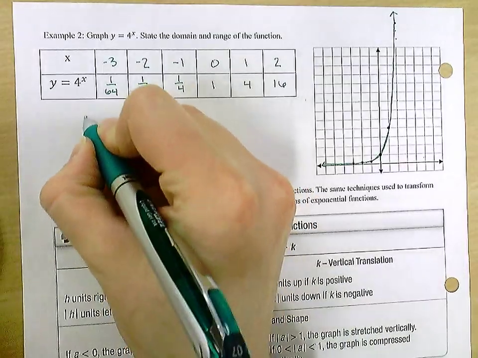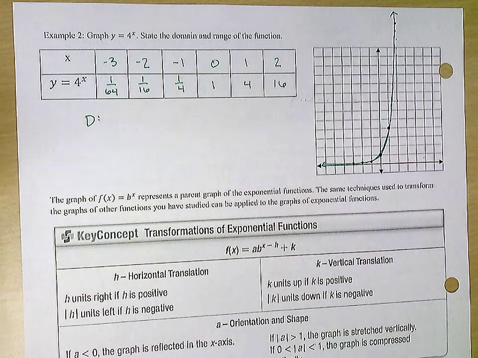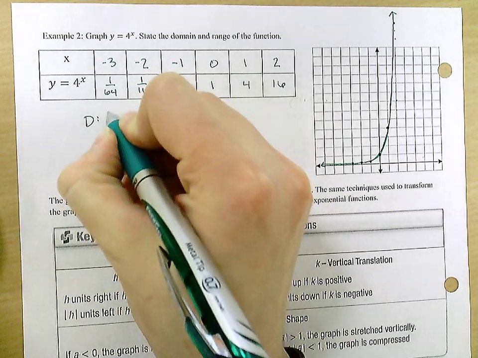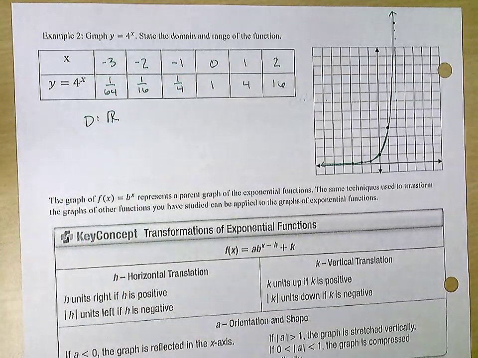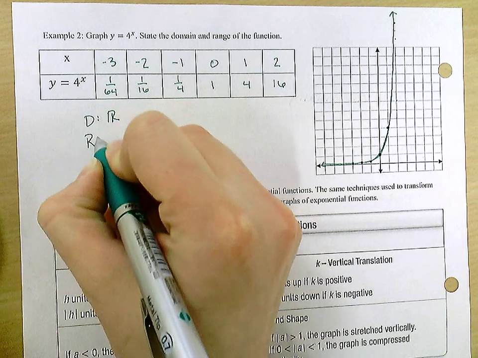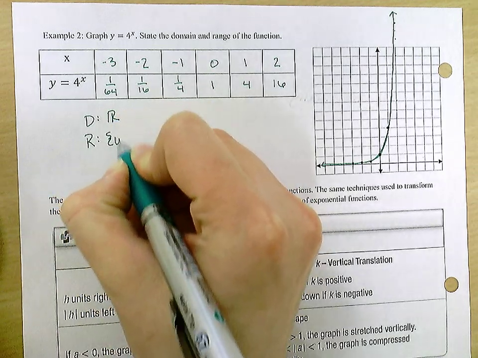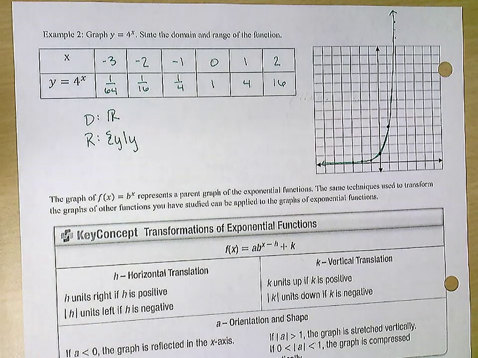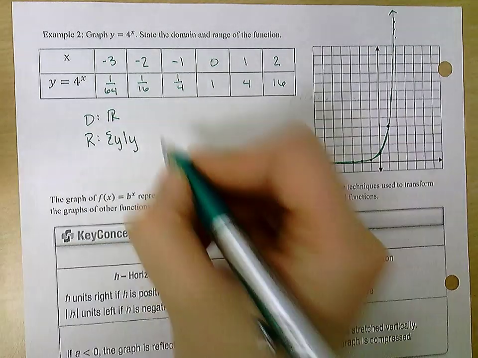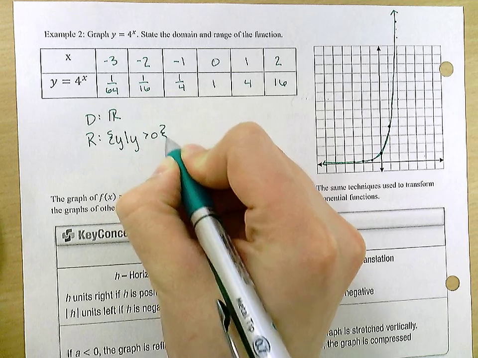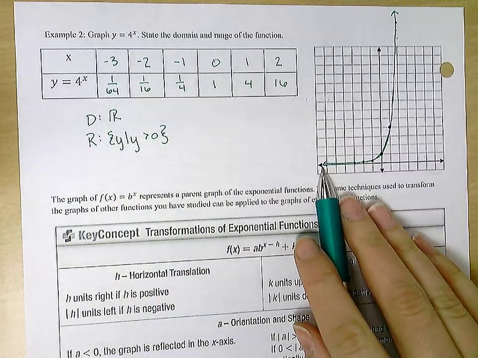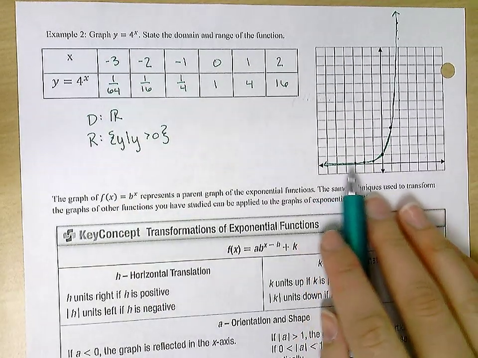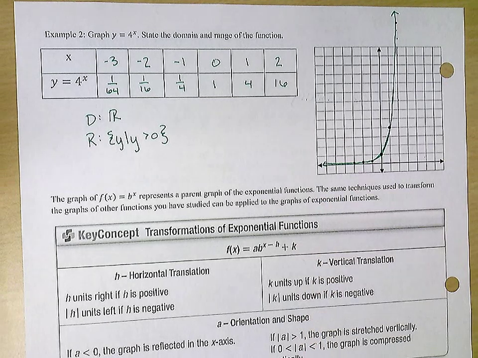Then my domain: I can plug in any number for x, and it will give me a value. So your domain is all real numbers. Then your range, those are y values. What does y have to be greater than for this one? 0. So your asymptote is at 0 here, so that's what y has to be greater than.